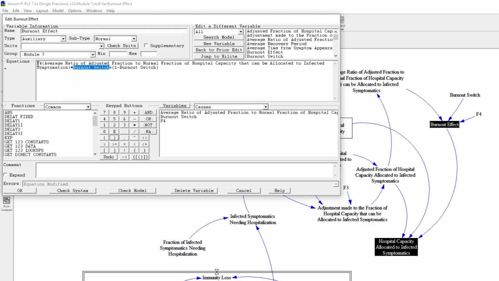So you just get 50% of the output of F4, and then you're going to add that to 0.5 here. So that's how Ali modeled the switch, so that you can go between full burnout effect and zero burnout effect, and your model will run accordingly. Really awesome formulation. So the unit is going to be dimensionless.